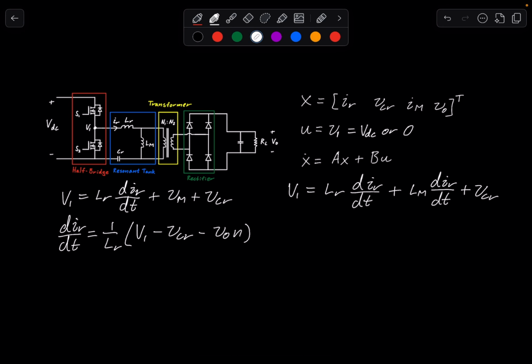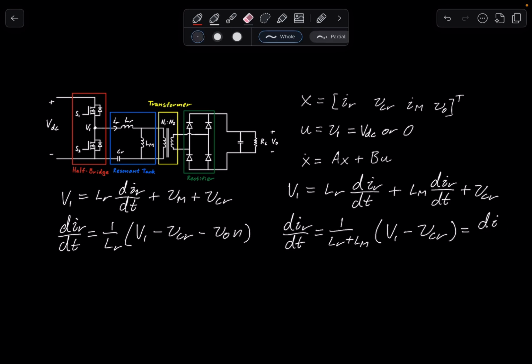If we now solve for the derivative of the resonance current, we get something else. dIR over dt is 1 over LR plus LM, multiplied by V1 minus the resonance capacitor voltage. Then the derivative of IM.